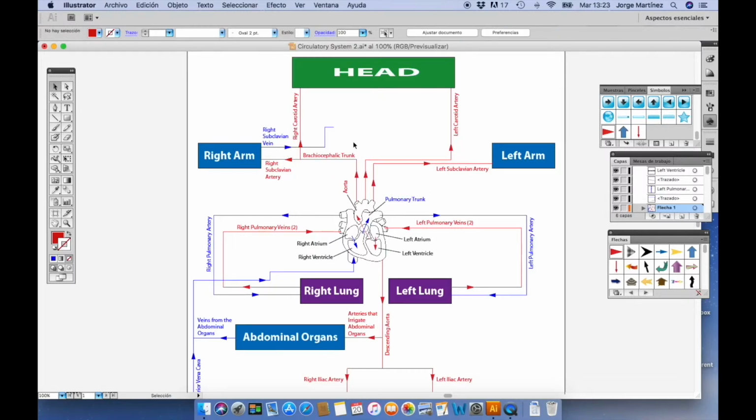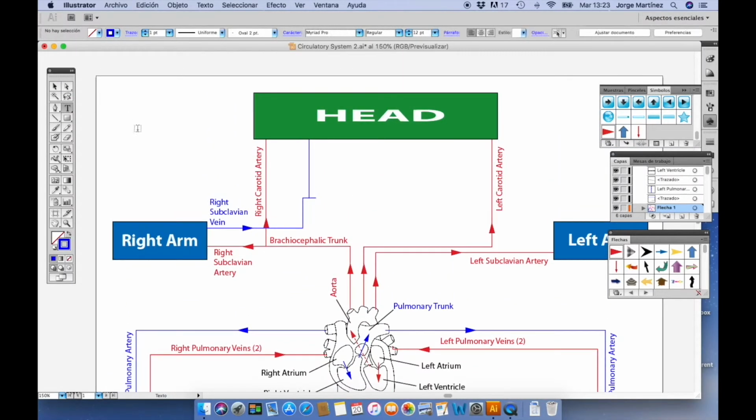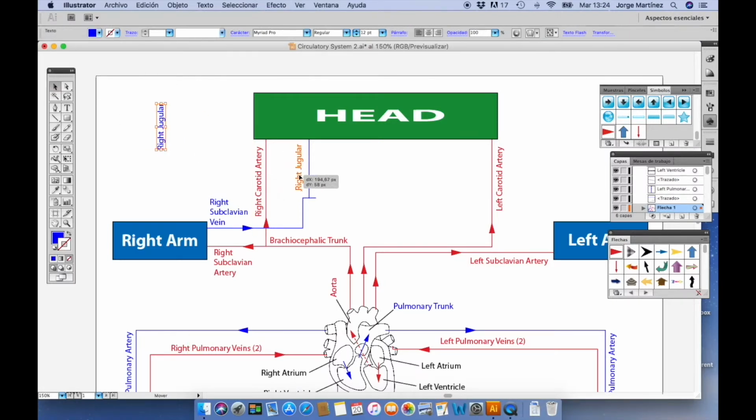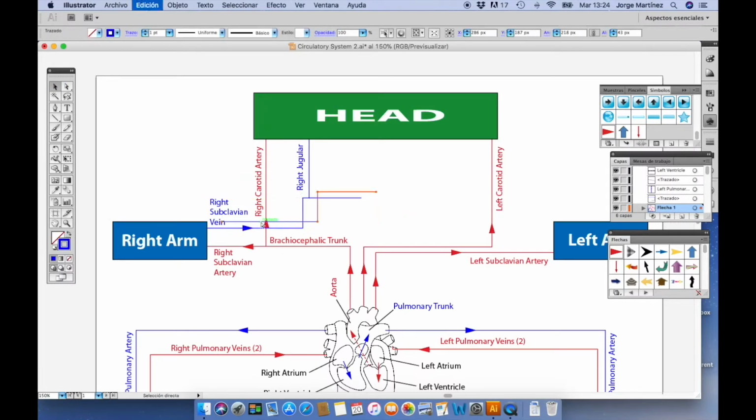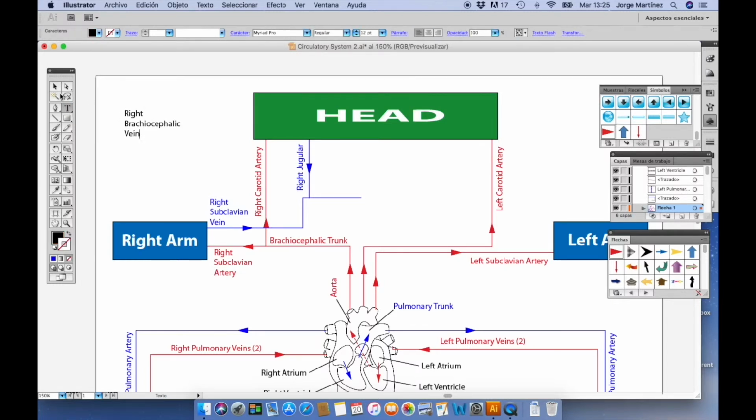The blood from the head descends through the jugular vein, through the right jugular vein. The right jugular vein and the right subclavian vein join, forming a bigger vein that is called right brachiocephalic vein.